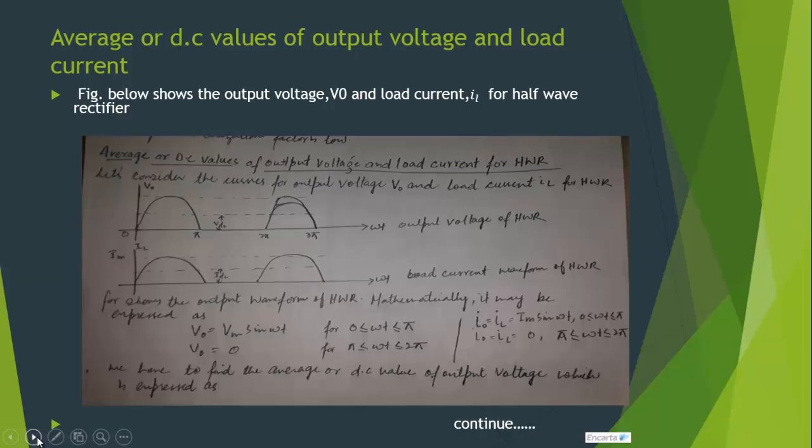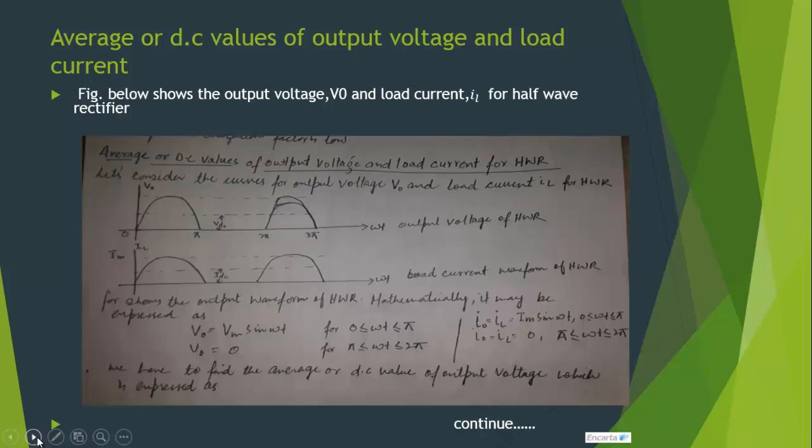Same in the case of output current, that is I naught. Output current is equal to Im sin omega t for 0 less than or equal to omega t less than or equal to pi, and I naught is equal to 0 for pi less than or equal to omega t less than or equal to 2 pi.